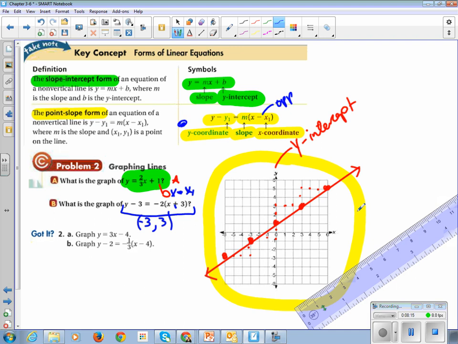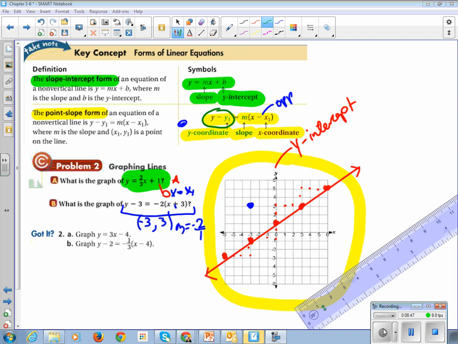So I'm going to go back 3 on the x-axis and up 3 on the y. And then my slope is -2. Because I like my slope in terms of rise over run, I'm going to put it over 1. Just to reiterate, because it's a minus in the formula, it's opposite when we go to graph it.